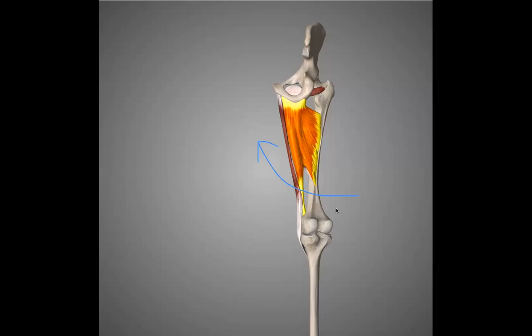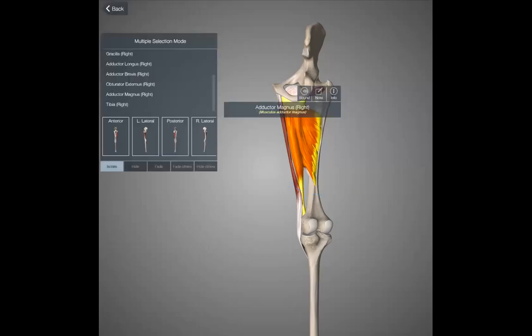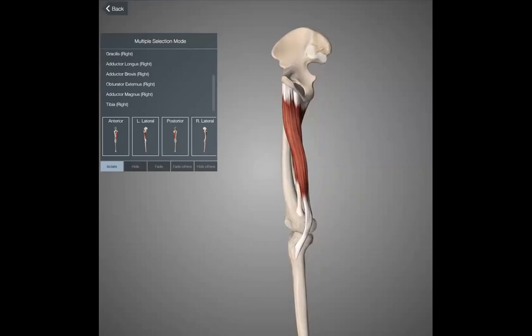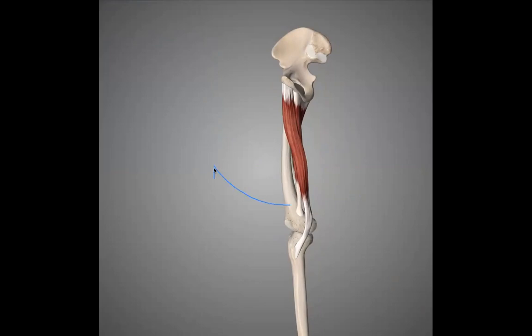And the hamstring part will help in adduction and extension of the thigh. So let's say we want to kick a ball, it will help us cause this movement. Okay.